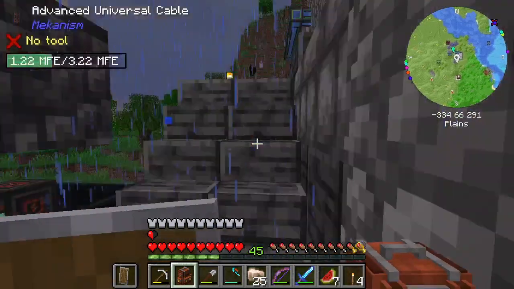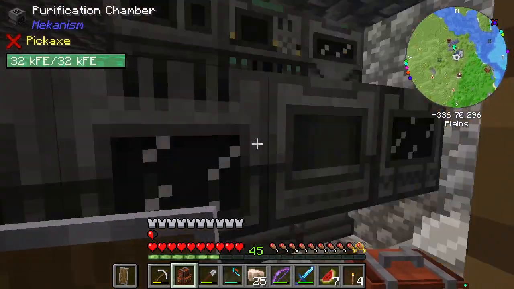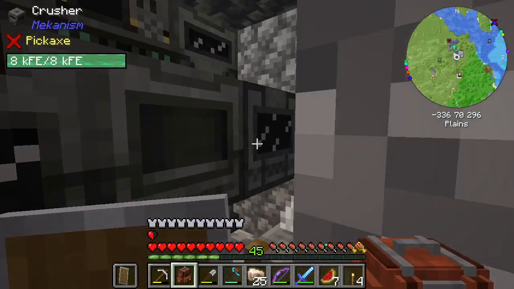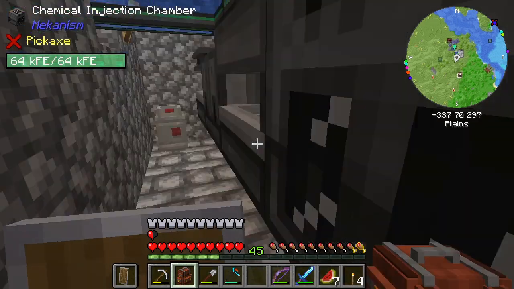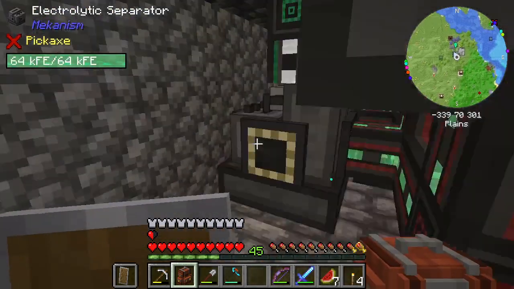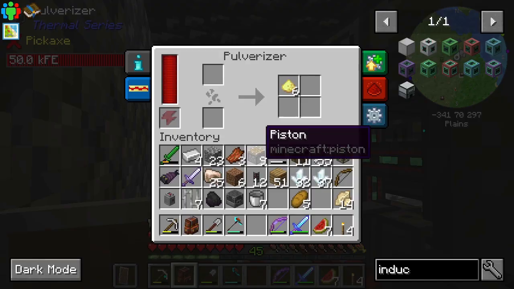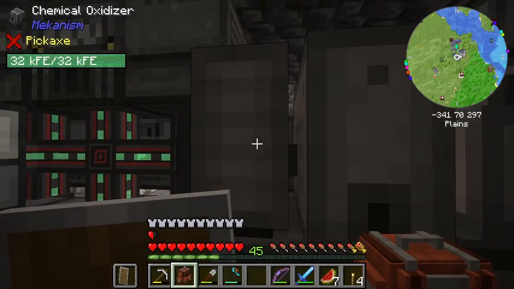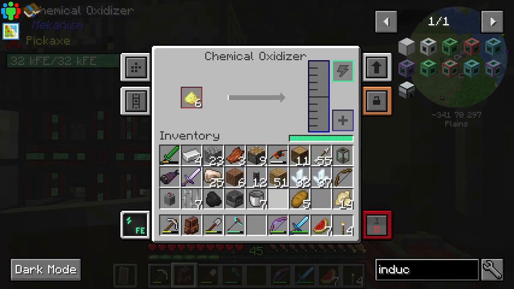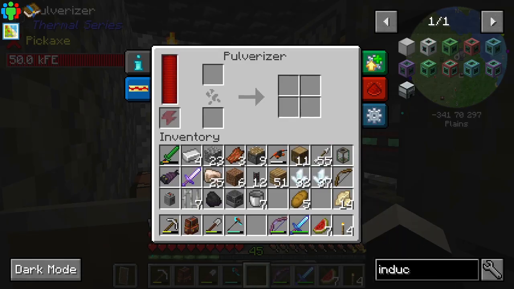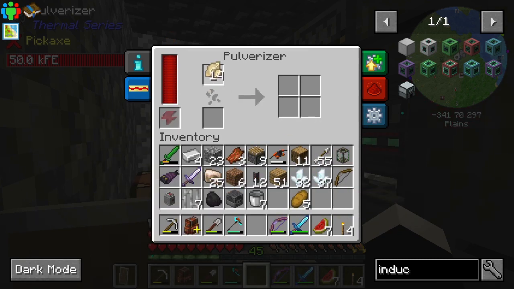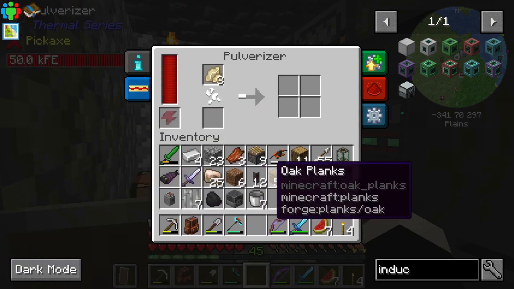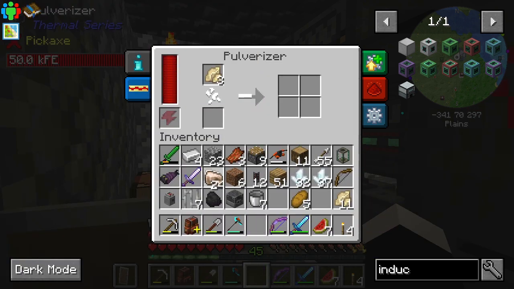Iron's practically a staple around here. Use it for everything. So, it's 2 iron per Invar. That's, sorry, 2 iron per unit nickel.